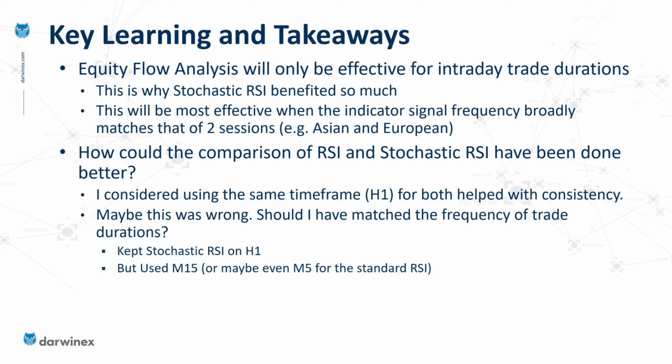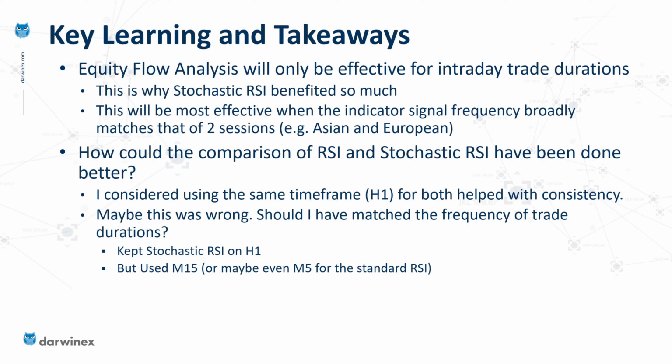This would have then reduced the duration between the open and close signals generated by the indicator, and they might have been better matched to the frequency of the trading sessions to be able to benefit from those in our mean reversion type strategy. So for me, this was an excellent episode in that I got some learning from it directly.